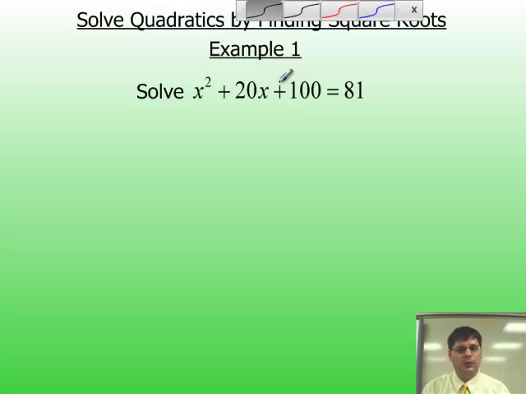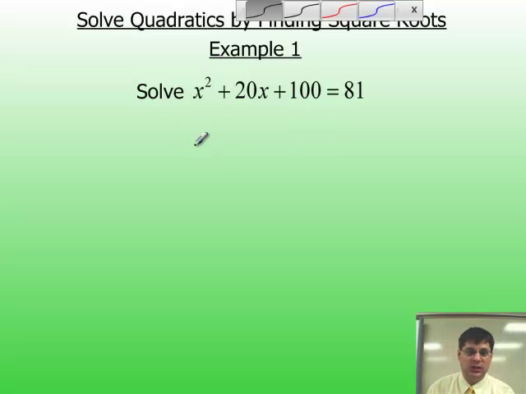When given a trinomial that equals a number that's not equal to 0, there is a way in some special cases like this where we can solve for x.